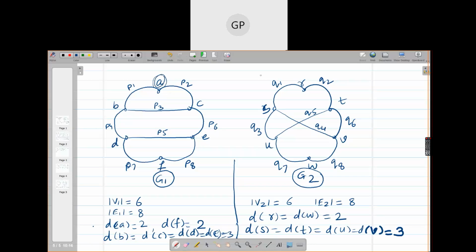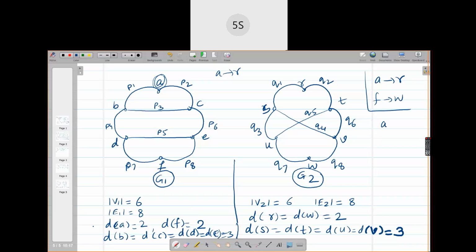If I map A to R, because there are 2 vertices of degree 2 and 4 vertices of degree 3, I have possibilities. Let us concentrate on degree 2 vertices first. So I can map A to R and F to W. This can be one mapping of the degree 2 vertices. Yes or no? Yes.